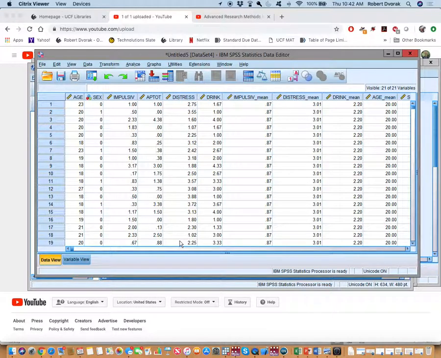Because what we're going to do here is run two new regression equations, and we're going to say, what is the relationship between x and y when impulsivity is high, and what is the relationship between x and y when impulsivity is low? All of these things that we're doing are strict linear transformations, which means for the most part, absolutely nothing should change in these models. Intercepts shouldn't change.